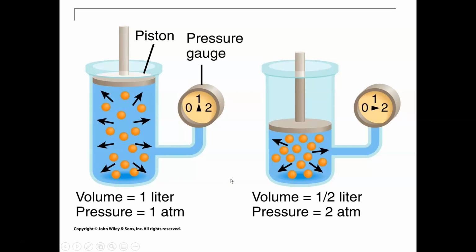Okay, another important factor to look at is the relationship between the volume of the container that a gas is in, or in this case we're talking about air, and the pressure of it. So there is a relationship between volume and pressure in a gas.